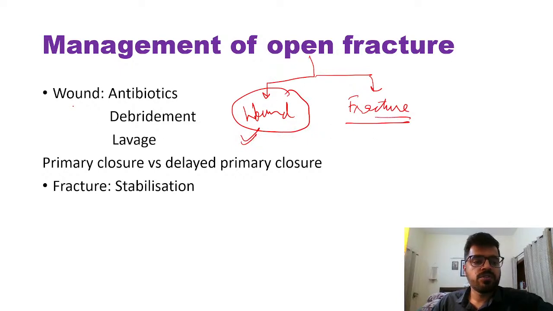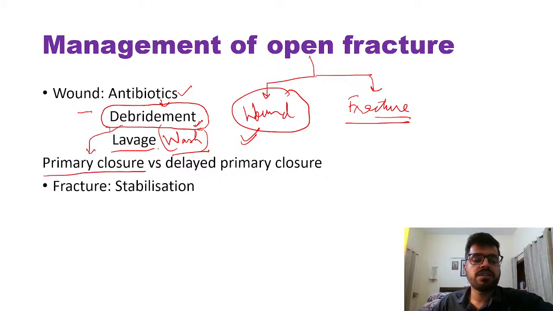So for the wound, immediately we start antibiotics, then we go for surgery, that is debridement, that is removal of infected and necrotic material, and lavage. Lavage is wash. We give a thorough wash to clean the wound, and then depending on the debridement and the final condition after debridement, if we are satisfied with the wound condition, if we think it is clean enough, then we go for primary closure.